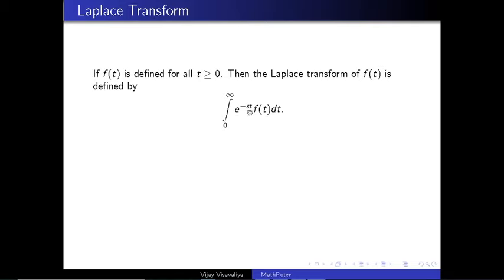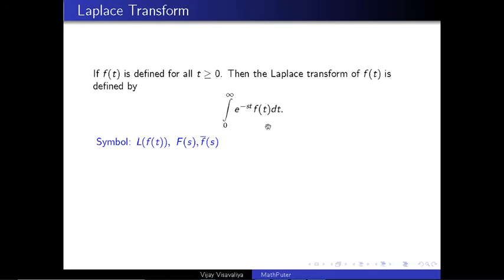So there must be a condition on which kind of function f of t the integration exists. In the next lecture we shall discuss a few functions for which Laplace transformation does not exist. Today our concentration will be on those functions for which the Laplace transform exists.